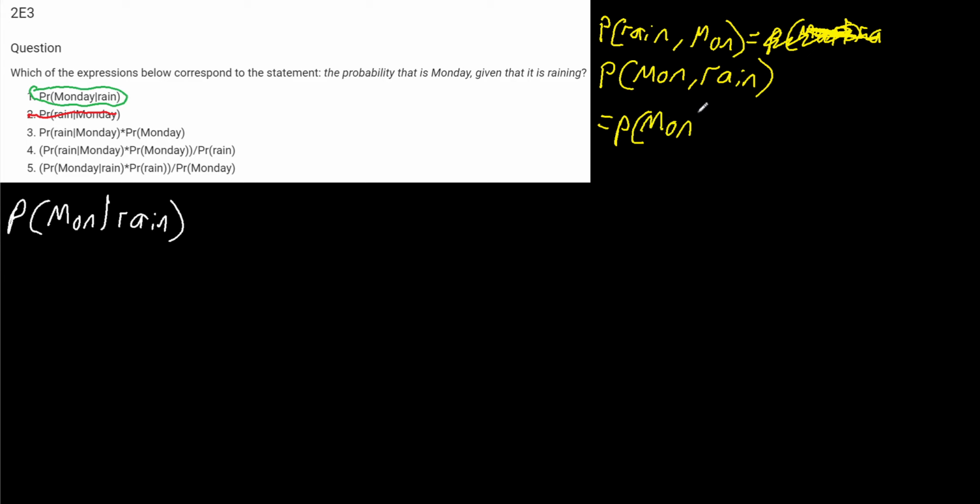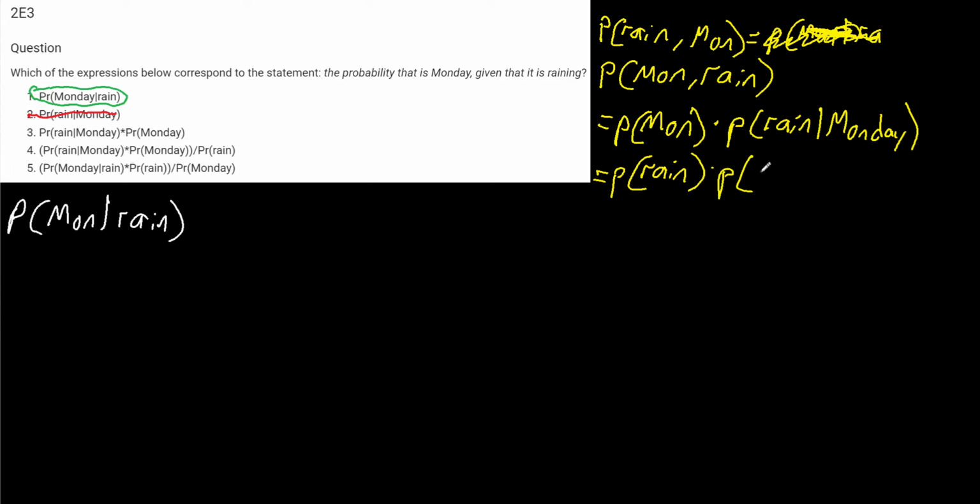We can have the probability of it being Monday times the probability of it raining given that it's Monday. And this is a different expression, but equaling the same thing: the probability of rain times the probability of it being Monday given rain. So these are all different ways of expressing the same joint probability.